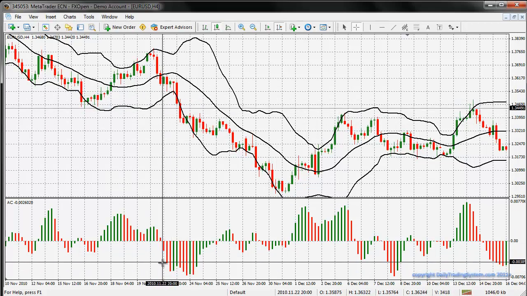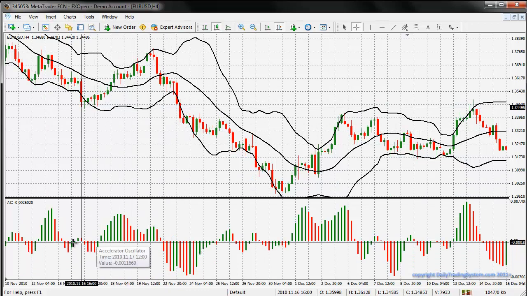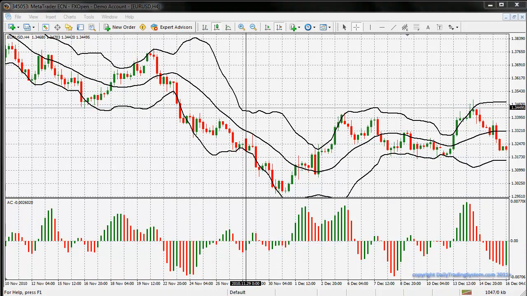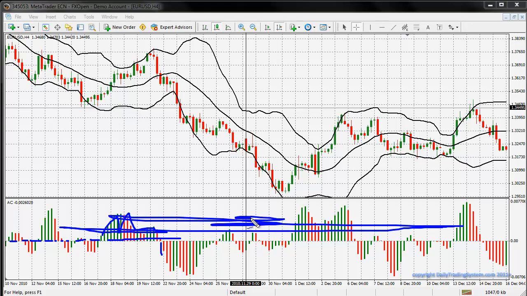What I'm looking for is to have the histogram area, I want this vertical line right here. Okay, I want the bars to come under. I'm not interested in all of the up sections. I'm not interested in any of that. Okay, because I'm looking at a downwards trend.